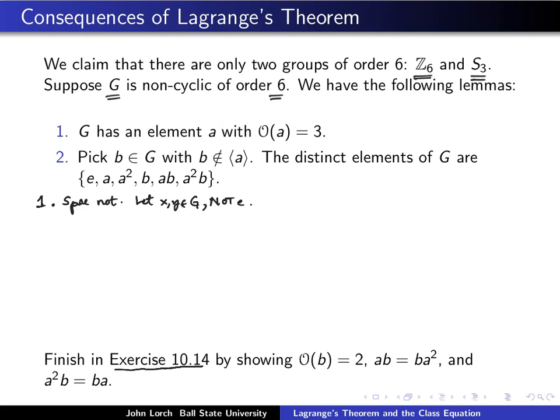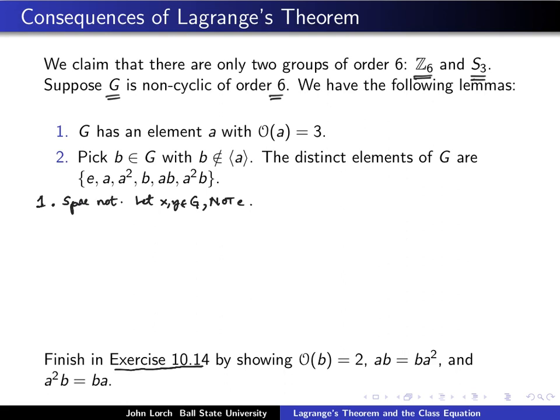Remember that the order of any element in G must divide the order of G itself. Since the group is non-cyclic, no element of G can have order 6. And we're supposing that G has no element of order 3. So the only other possible number that divides 6 and is not equal to 1 is 2.